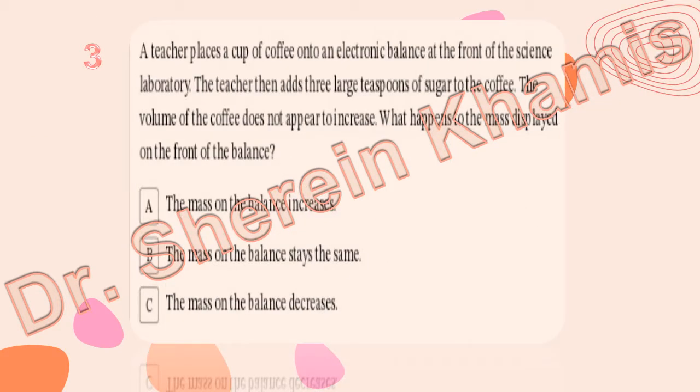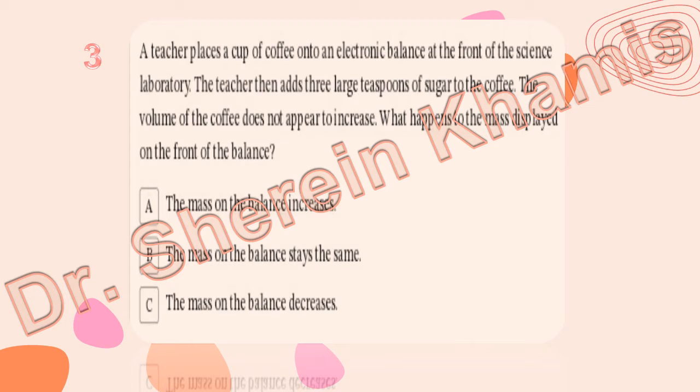Question 3 says that a teacher places a cup of coffee onto the electronic balance at the front of the science laboratory. The teacher then adds 3 large teaspoons of sugar to the coffee. The volume of coffee doesn't appear to increase. What happens to the mass displayed on the balance?